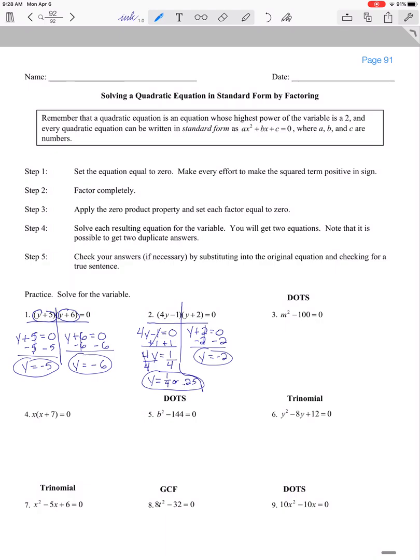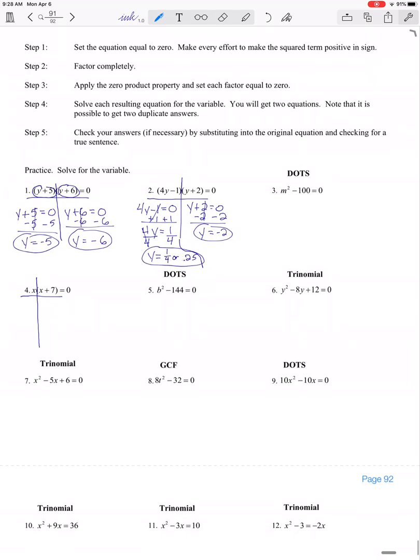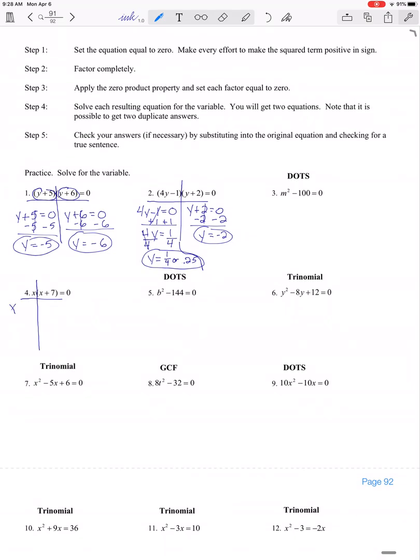Really quick, before we start factoring, let's take a look at number 4. Number 4 is already factored for us, but I want to point out to you that x is a factor. So we're going to be T-charting between these two, just like this, because x technically is a factor. Again, we do the same thing. We set x equal to 0, and we set x plus 7 equal to 0.